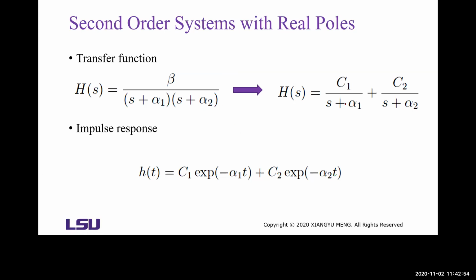Since there are two poles, the transfer function can be written as C1/(s + alpha 1) + C2/(s + alpha 2). C1 and C2 are just some constants, so we can use the cover-up method to determine C1 and C2. So C1 and C2 can be determined by alpha 1 and alpha 2.